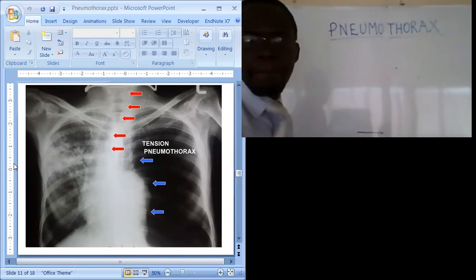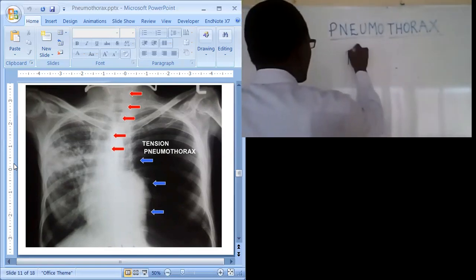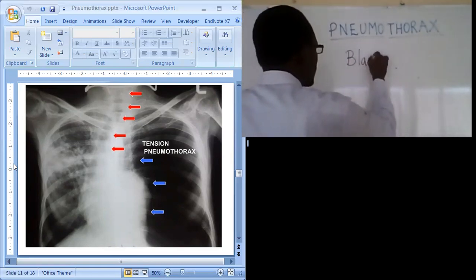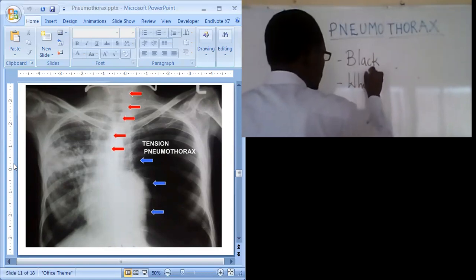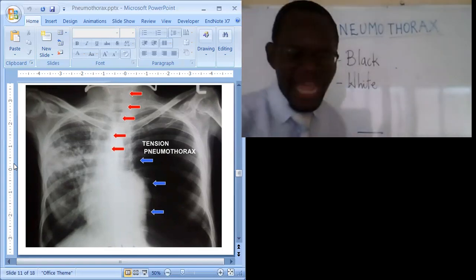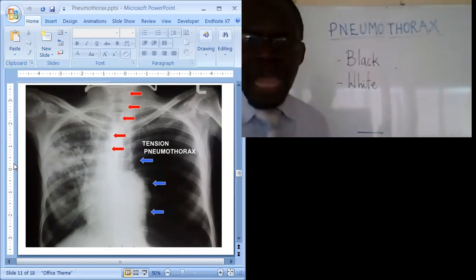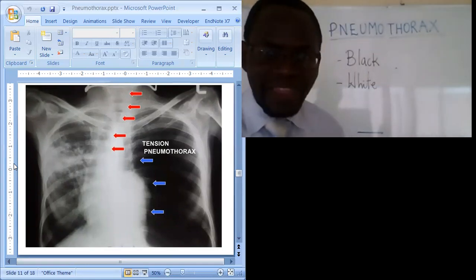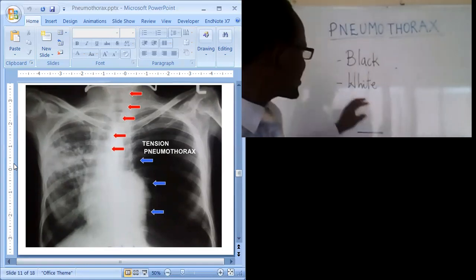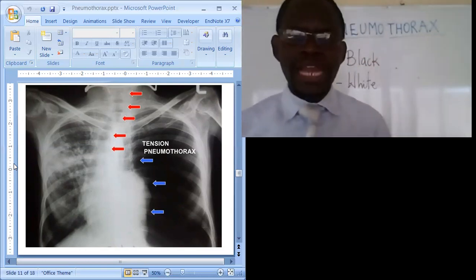You see black, as you can see, and you also see white or gray. So you see two colors. With an X-ray, the black basically means the rays are able to pass through.